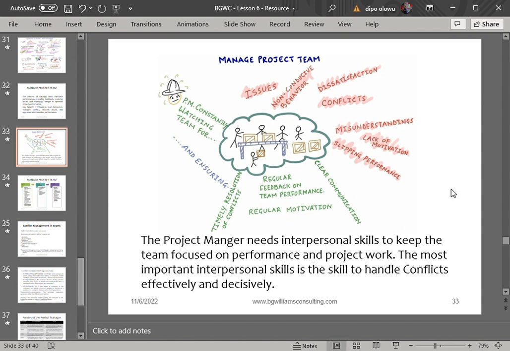Because if, for instance, somebody in your team is dissatisfied, or is misunderstanding the role he needs to play or the task he needs to do, it will affect the entire project. That is why you must focus on your team member. So the project manager will use interpersonal skills to keep the team focused on performance and the project work. All right, so that is that.